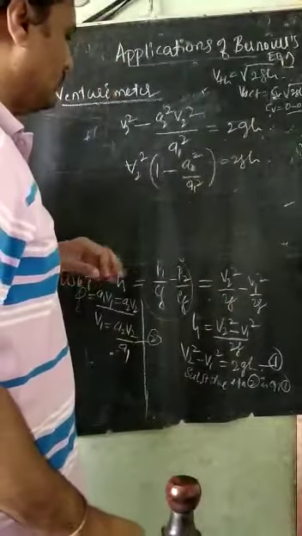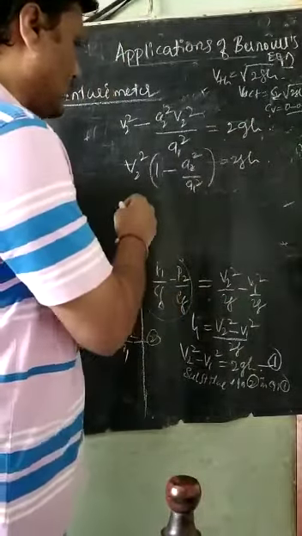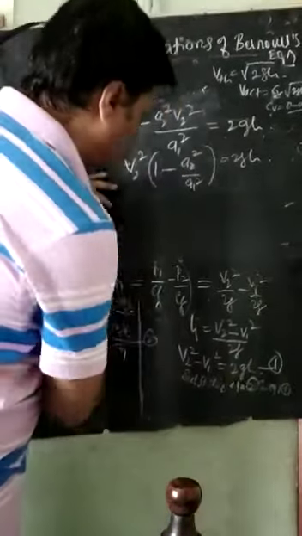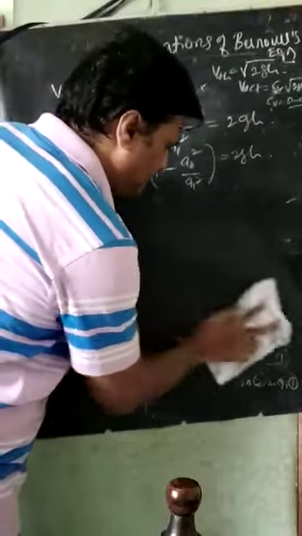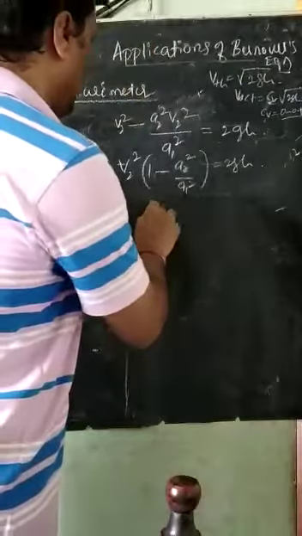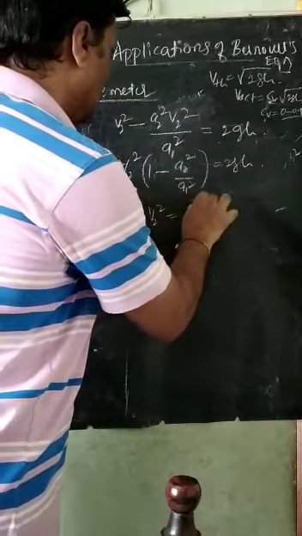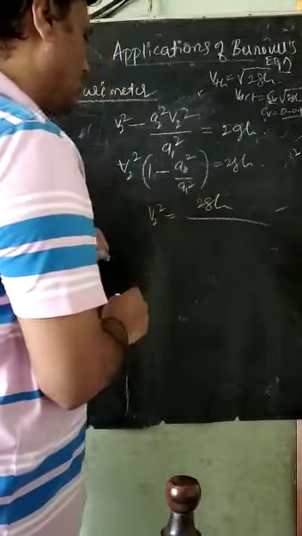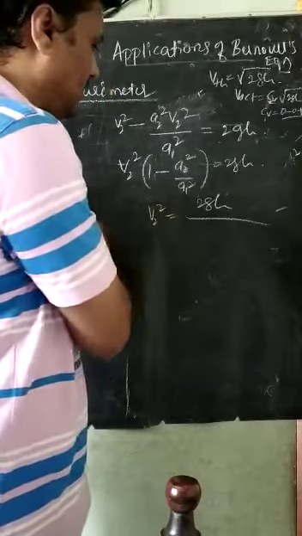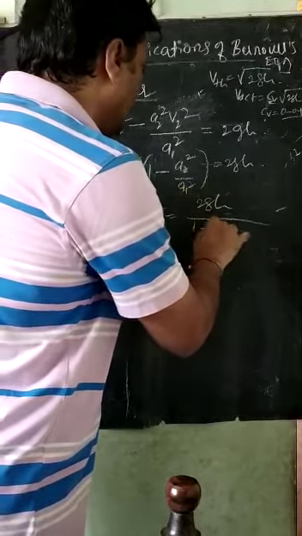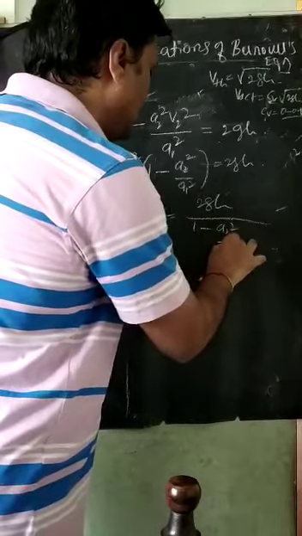So V2 square is equal to 2gh divided by this whole term. This whole term can also be written in a simplified way: 1 minus A2 square divided by A1 square.